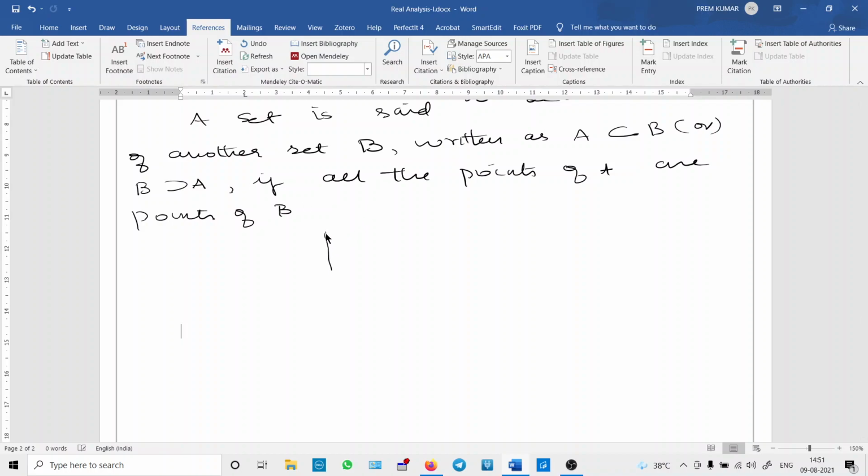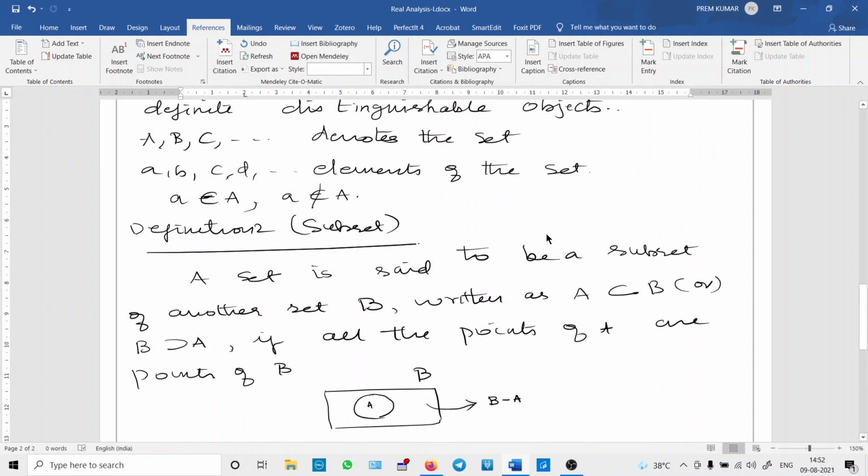Here, suppose this is the set B, and something like this is the set A. A is a subset of B. So every element of A is also an element of B. And this one is nothing but B difference A, the set of all elements of B which do not belong to A. For this also we are going to see the definition. So this is a basic definition of sets.